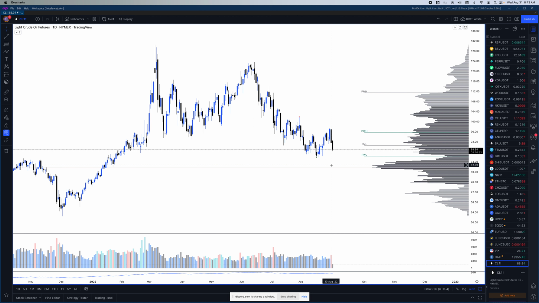But that's just not how most people that are successful do it. Most people that are successful are really focusing on key levels, easy invalidations. Entering here is just a huge element of luck, because this is just not the area to be entering this trade.